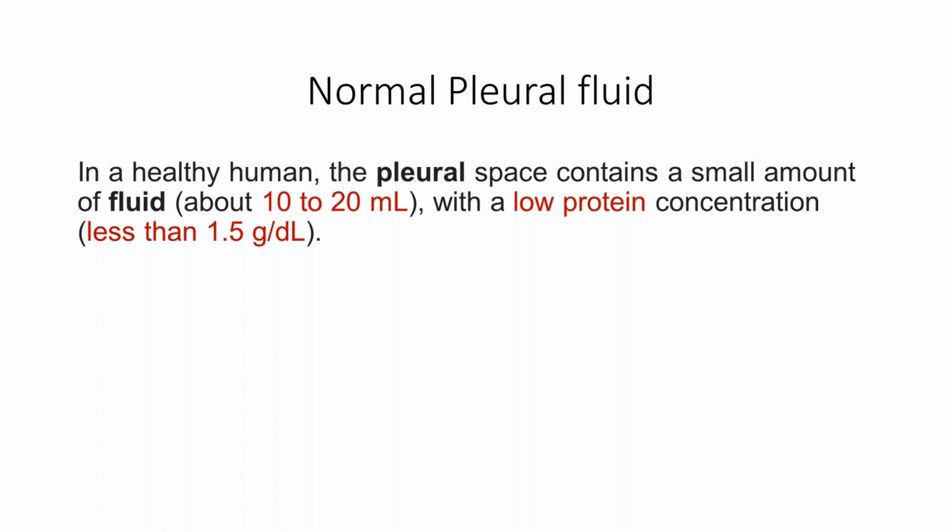But what happened? Exudative or transudative? How to distinguish? Generally, if you are given this case, you are asked to tell what the Light's criteria are. The Light's criteria: the effusion is exudative if one of these three is present.